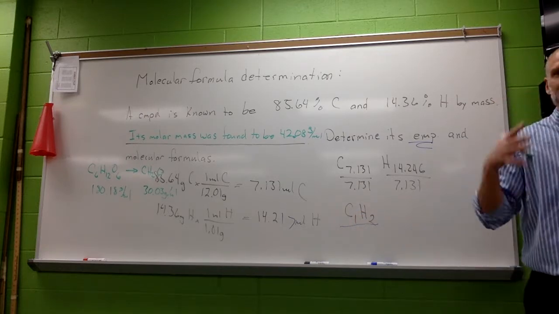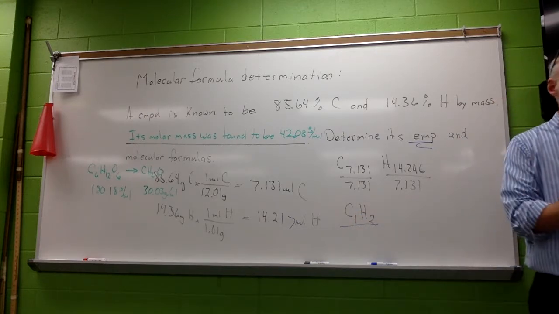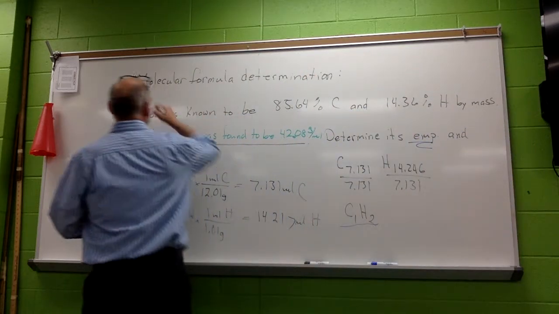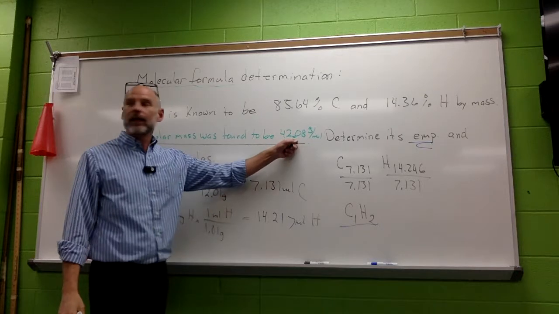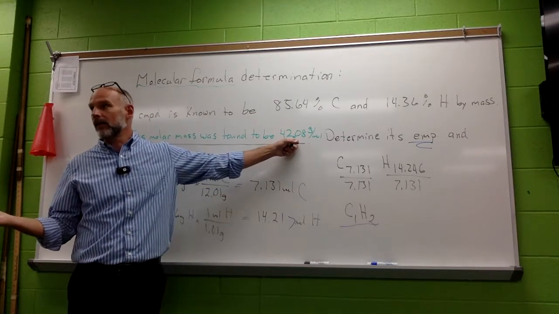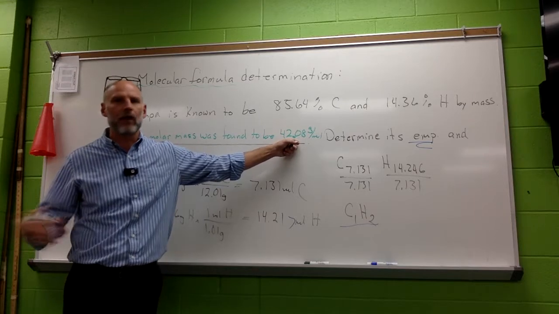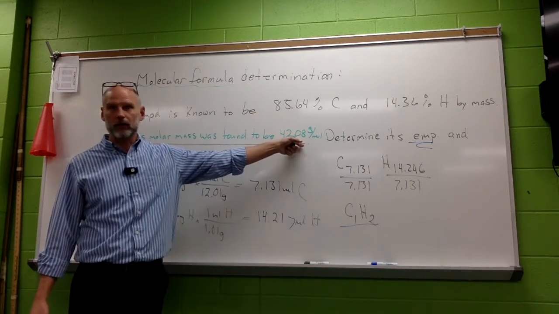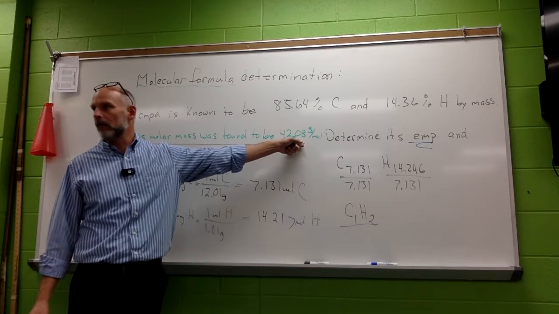Do you see where I'm trying to lead you to have an understanding of why you're about to do what you're going to do? So, to get to the molecular formula, you either need to be given the molar mass, and for the time being, that's the only thing that we can do, because you don't know enough other chemistry to get to that from other experimental data. So I'm going to have to provide this for you, for now.